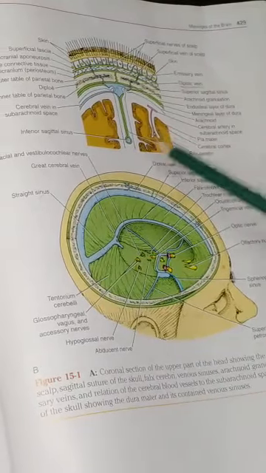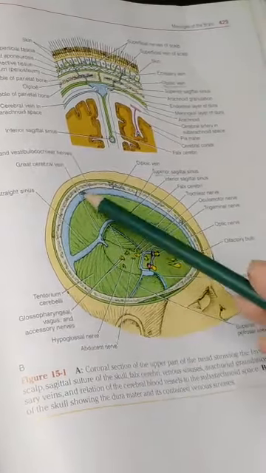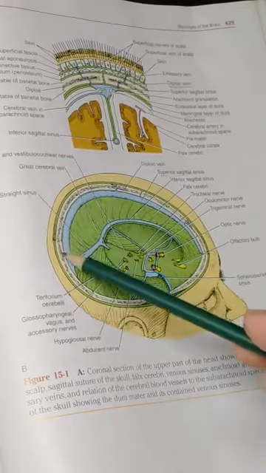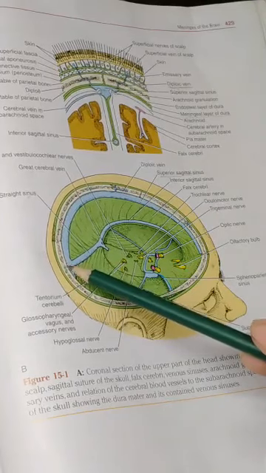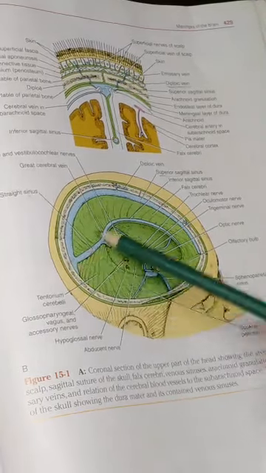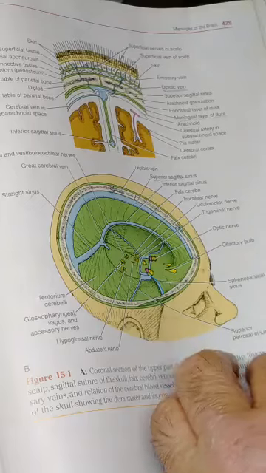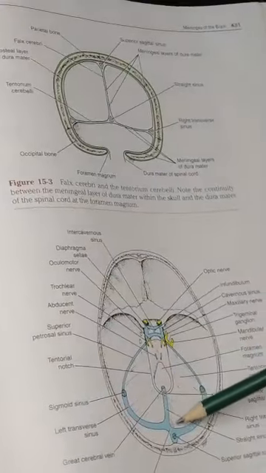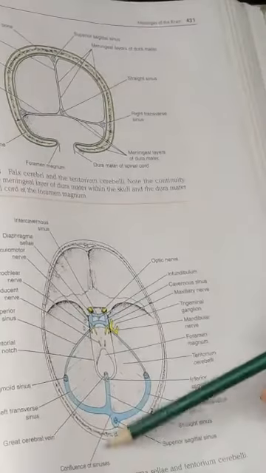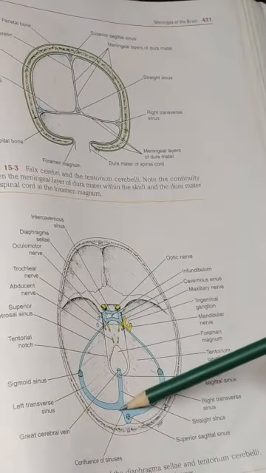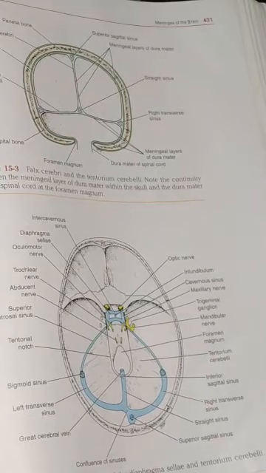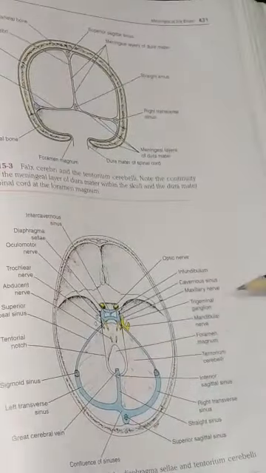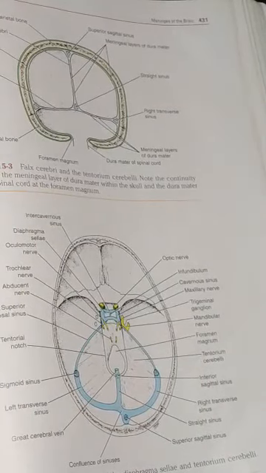Okay, and the straight sinus and the superior sagittal sinus will communicate with each other in this area here, which is called the confluence of venous sinuses. Here you have the straight sinus, and you have the superior sagittal sinus.